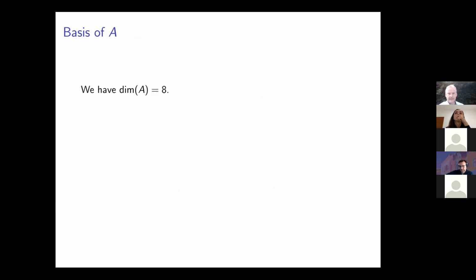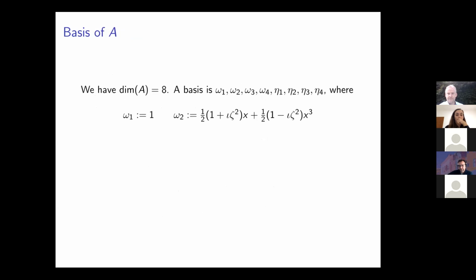And the basis is given like this. It contains 4 elements denoted by omega with corresponding indices, and 4 elements denoted by eta. How are they defined? Omega 1 is just 1. Omega 2 and omega 3 are linear combinations of the powers of x.